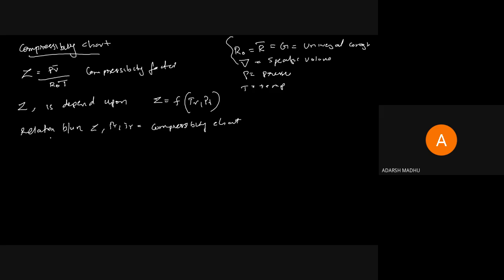On the x-axis it is shown PR, on the y-axis the Z value, and the TR values are shown as curves. That is the figure I will show.